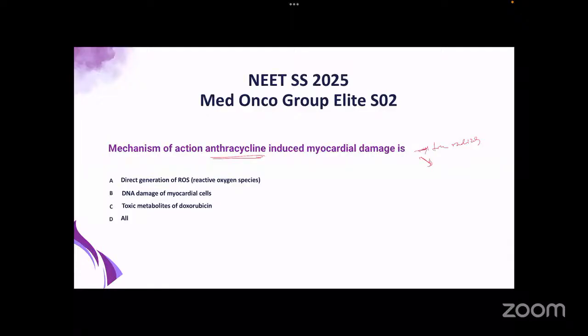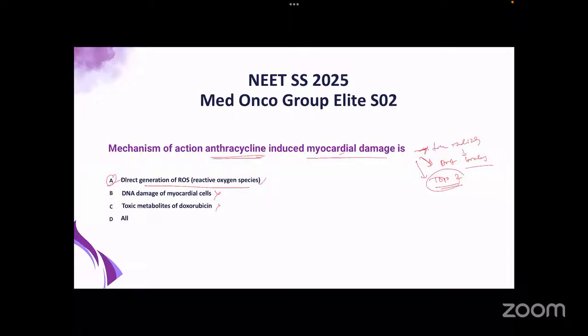Also, anthracyclines lead to DNA breaks, which is indirectly because of the free radical generation, and also they inhibit topoisomerase 2. But the main mechanism is free radicals and DNA breakage, and the myocardial damage happens because of the direct generation of reactive oxygen species. DNA damage of myocardial cells with doxorubicin doesn't happen. So the answer is A, reactive oxygen species.